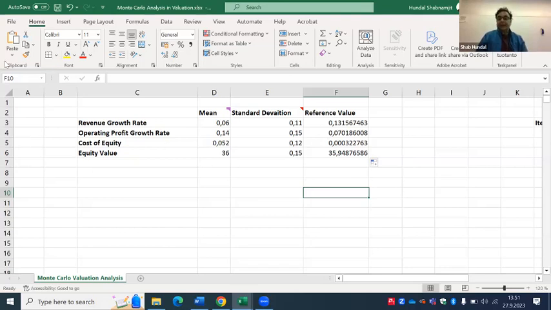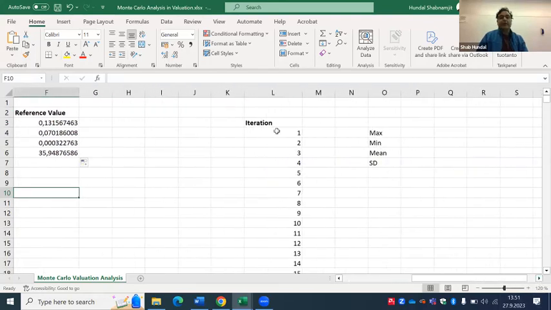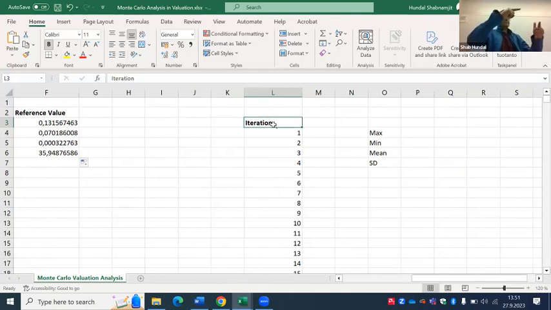We slightly move to the right. And I call it iteration. What is iteration? Iteration is that you try first time, second time, third time. Remember, what is the beauty of the normal distribution curve? That it doesn't come in breaks.